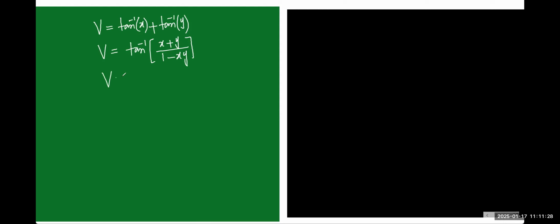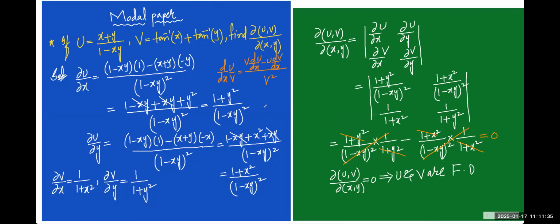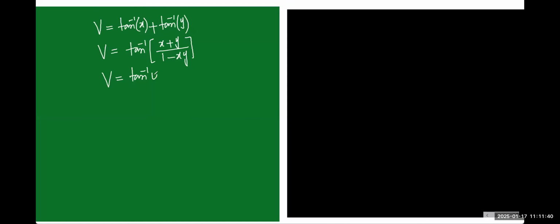So v is equal to tan inverse of x plus y by 1 minus xy. It is actually the value of u. This is the relation between them, meaning v is equal to tan inverse of u.